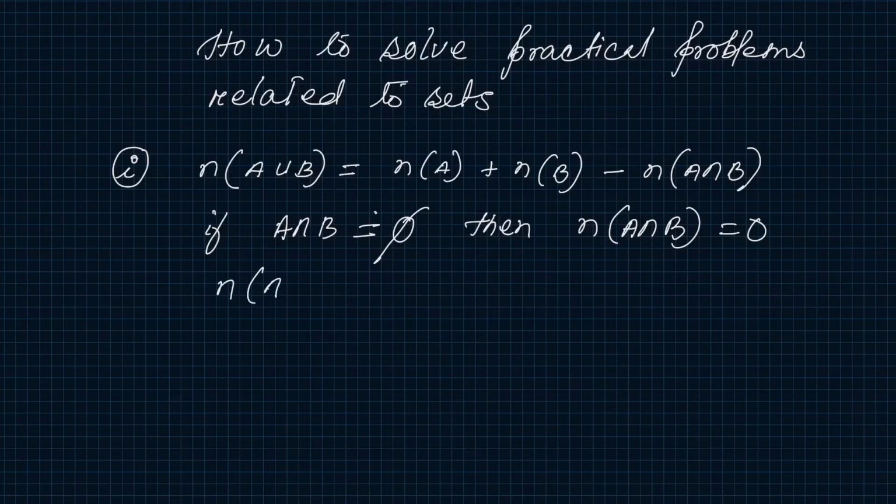In that case, number of elements in A union B is equal to number of elements in set A plus number of elements in set B.